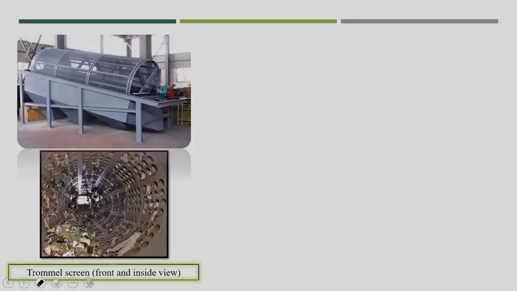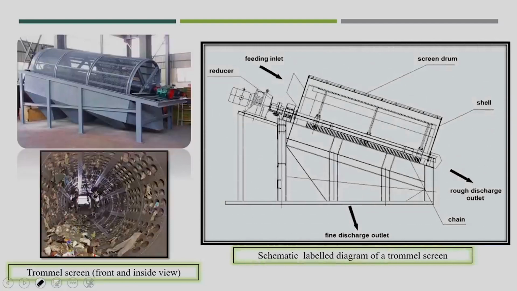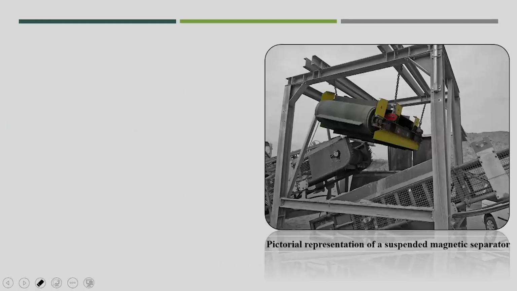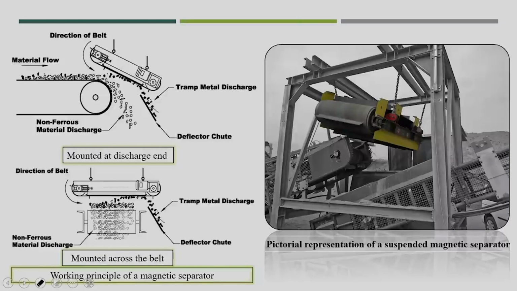These are a few of the machines or equipment we normally use to separate different particle sizes: this is a trommel, this is another trommel screen, this is a magnetic separator, and here is another magnetic separator. From that, the magnetic particles get separated from the main waste.